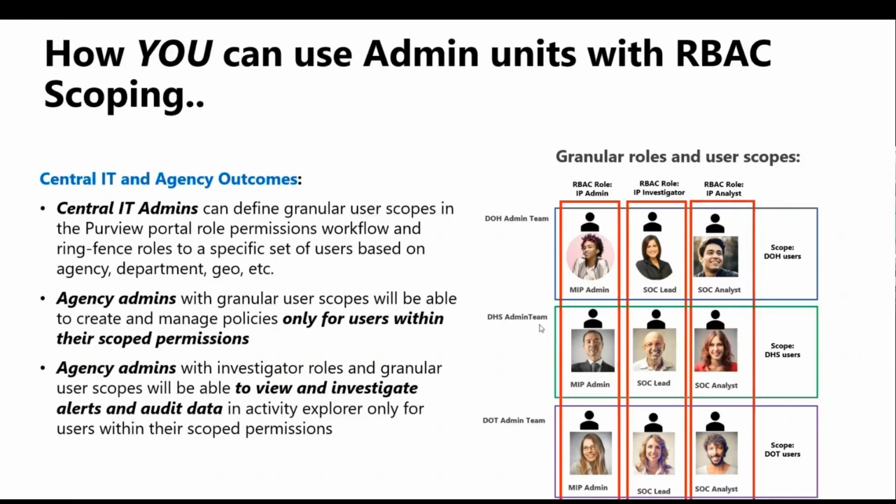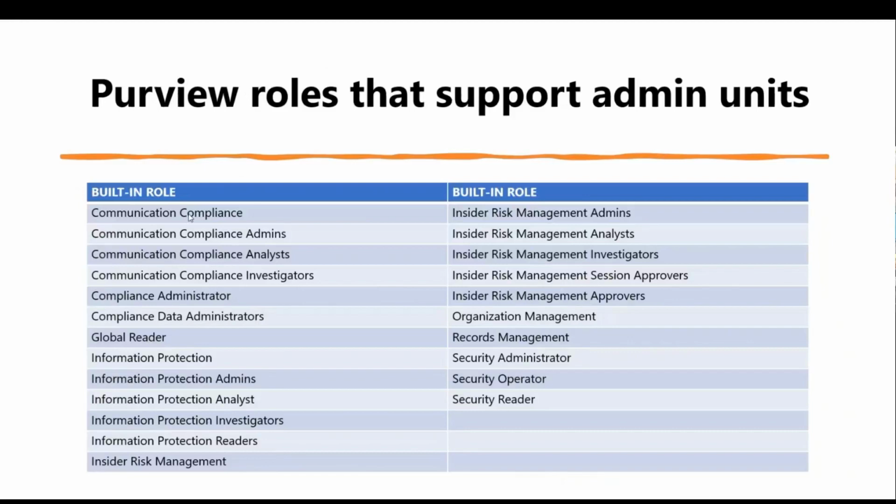This is an illustration of what this looks like, an example, if you will. These are the Purview roles that support admin units. This is another reason why we're doing this recap. Last time we did this webinar over a year ago, the list was about 8 to 10 roles that supported admin units.